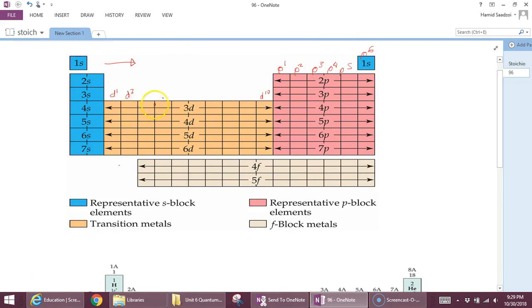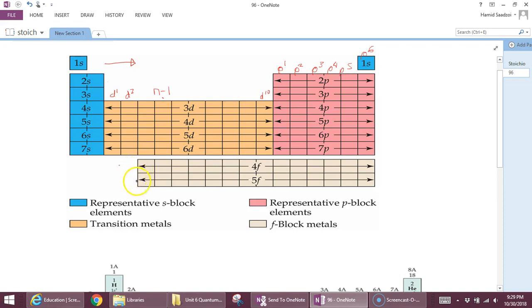One thing you want to note about this, actually two things, is that S and P just follow the shell number. You can see this is period 1, 2, 3, 4, 5, 6, 7. Whereas the D block is the shell number minus 1. So the D doesn't begin at 4D, it actually begins at 3D, even though it's in the 4th period. F is also weird.